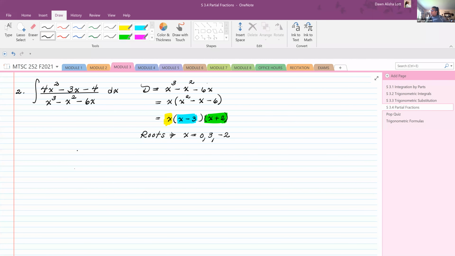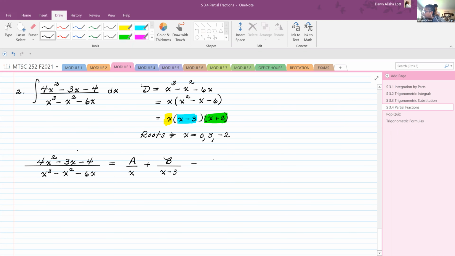So we are going to write 4x squared minus 3x minus 4 divided by x cubed minus x squared minus 6x as A over x plus B over x minus 3. That's our second one.